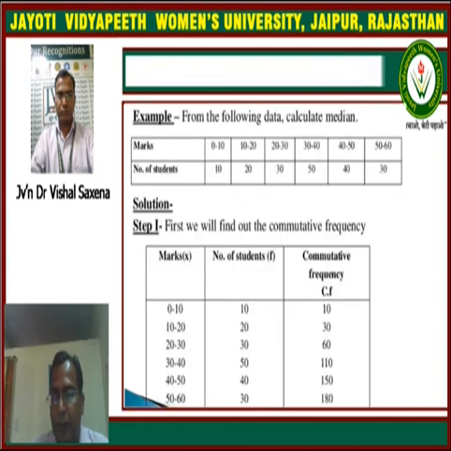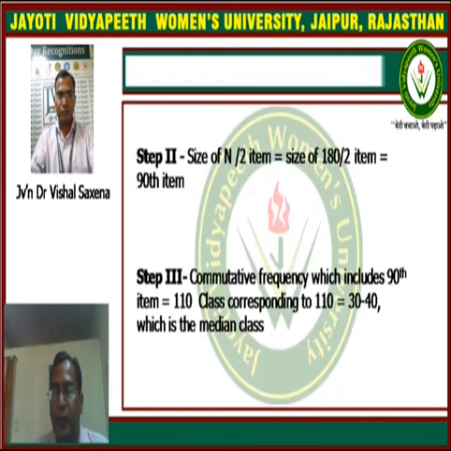Because 90 is not present in the cumulative frequency, 110 is present, just bigger than 90. According to this, the class 30 to 40 corresponds to 110. So 30 to 40 is the median class interval.